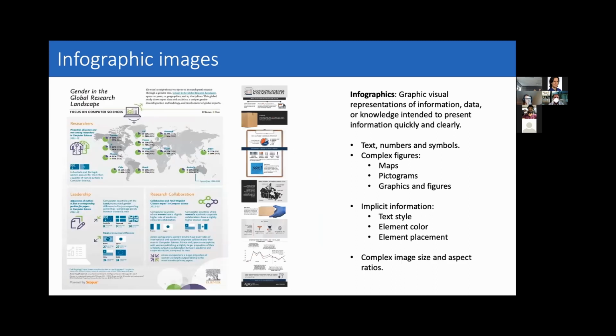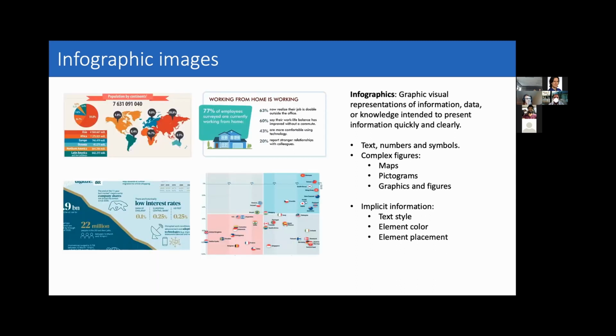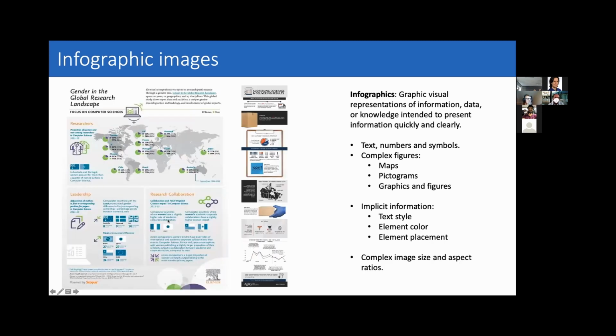Also, the images you are seeing here are crops of infographics. Another complexity is that they are quite dense with a lot of information, and several have complex aspect ratios like this one, which is very, very long. So the message here is that just an OCR does not work.